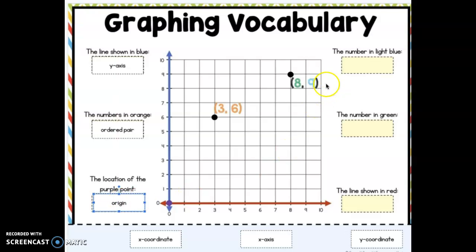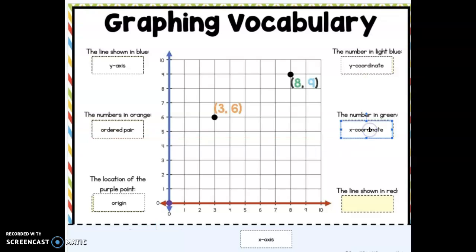The light blue number is a y-coordinate. The number in green, of course, is the x-coordinate. And the line shown in red is the x-axis. You can pause the video at any time if I'm going too fast. Alright, going on to the next slide.